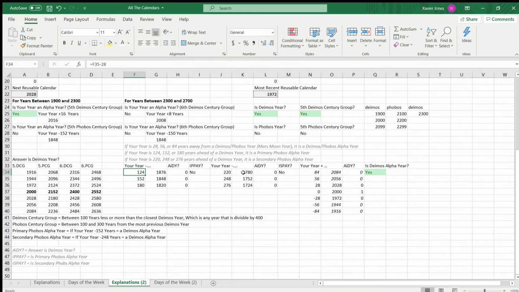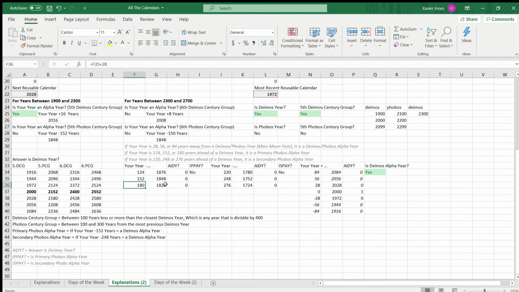We have our primary Phobos alpha years. If your year is 124 years, 152 years, or 180 years away from your most recent Deimos alpha year, then you have a Phobos alpha year. And these Phobos alpha years are also cyclical of 28 years. As you can see, the difference between these numbers is 28.